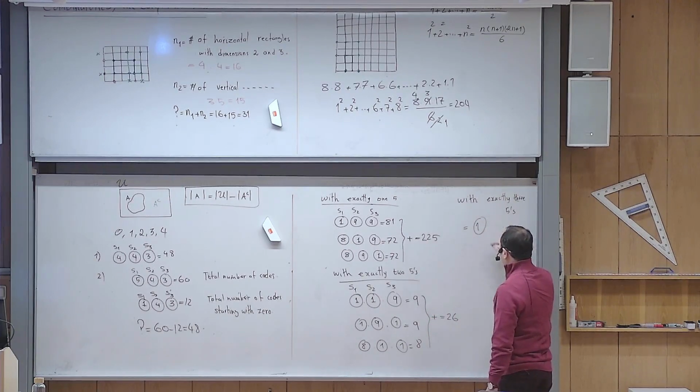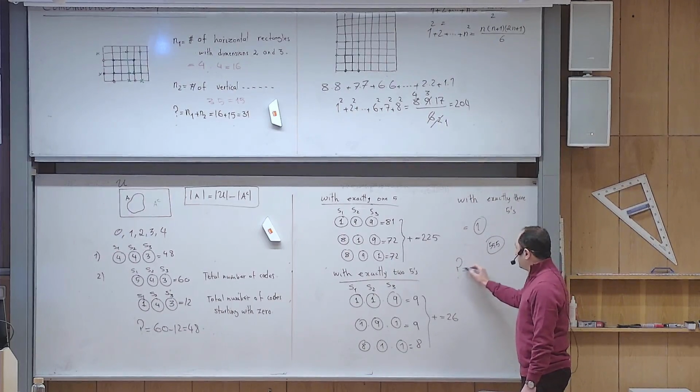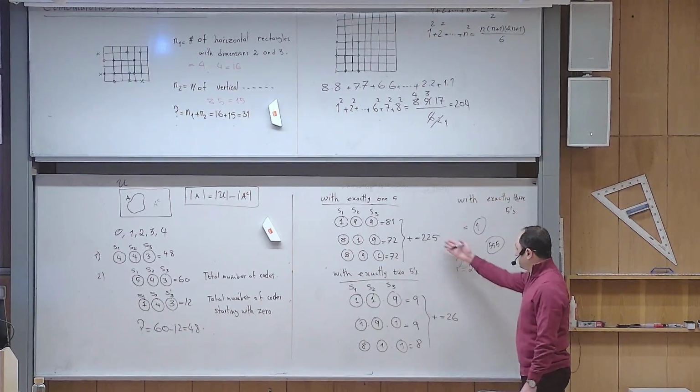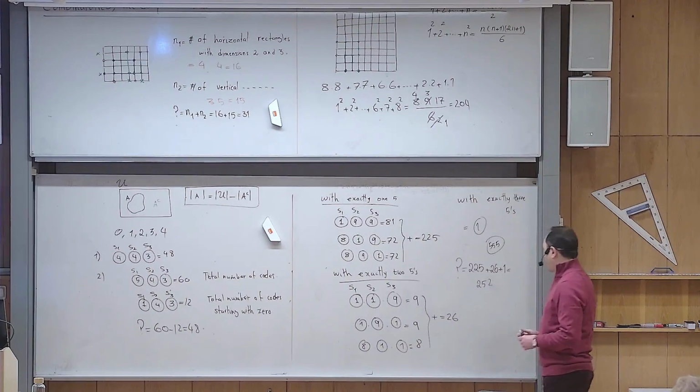And that is 555 if you want to write the number. Okay, so the total question mark is 225 of them here, plus 26 plus 1, which becomes what? 252, yes?